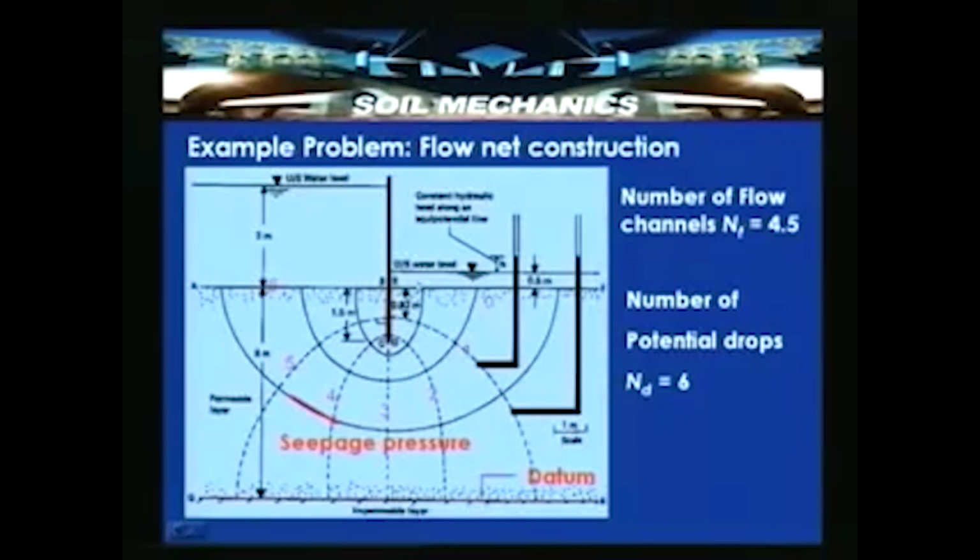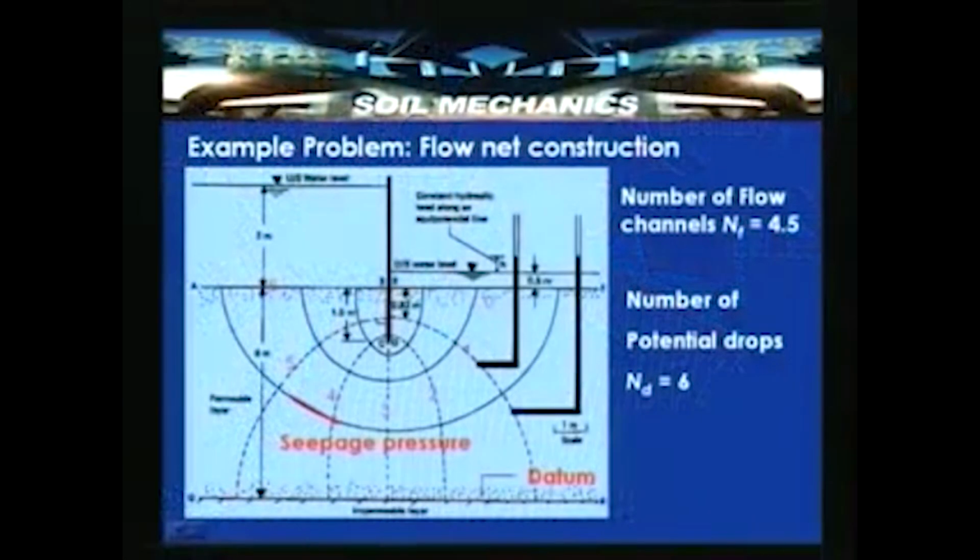So, let us try to apply this knowledge of flow nets to the flow net construction. Here, as indicated, a confined flow condition, which is the sheet pile wall problem, is shown. Let us assume that we have a line of sheet pile walls driven into the soil to maintain upstream water levels and the difference between upstream and downstream water levels.